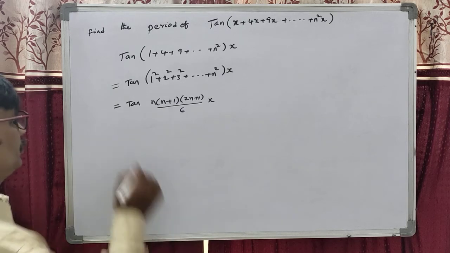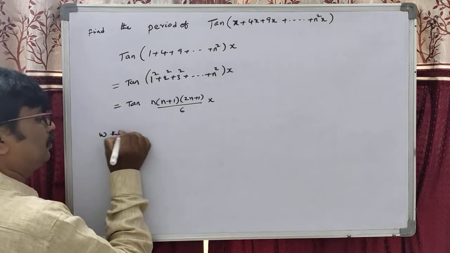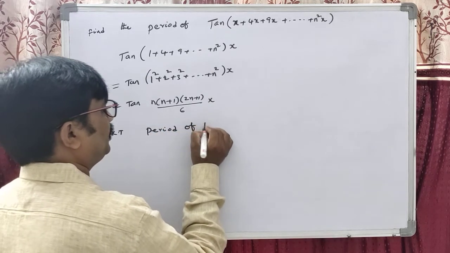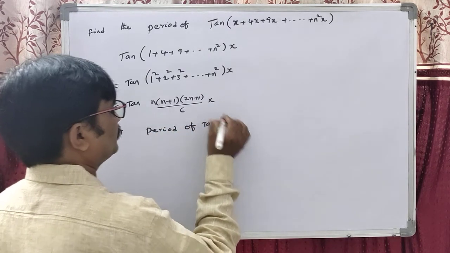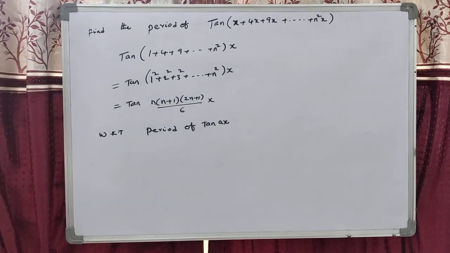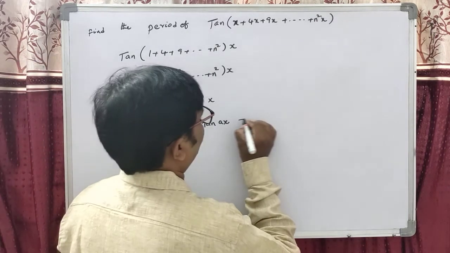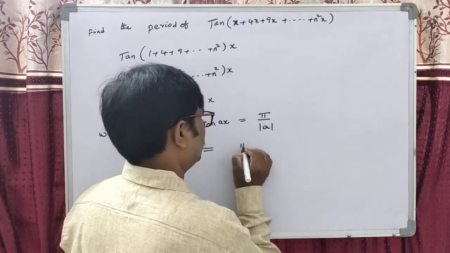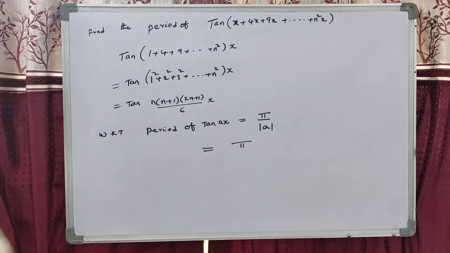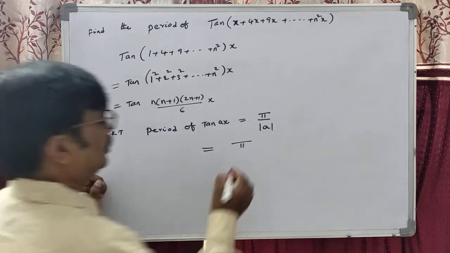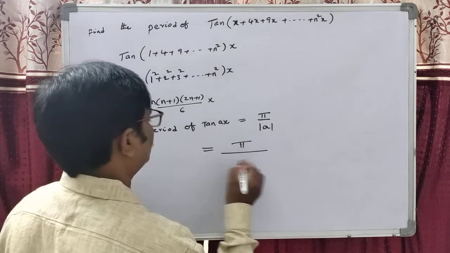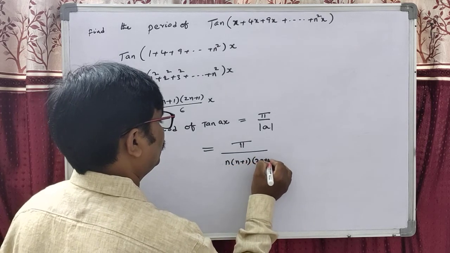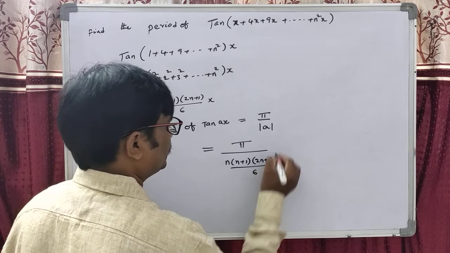Now students, we know that the period of tan of ax is pi by modulus of a. Here the modulus of a is n into n plus 1 into 2n plus 1 by 6.